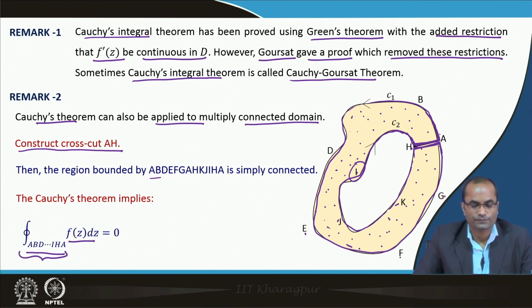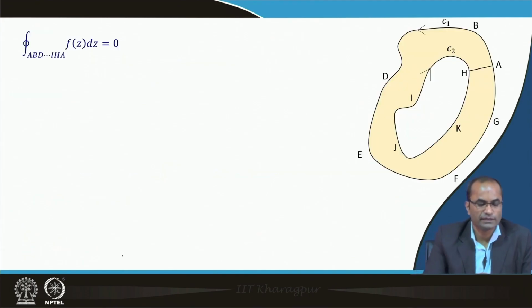So, this is the point here which is easy to get into this simply connected domain, and then we can apply the Cauchy theorem. So, this is the result of the Cauchy theorem. We will now expand it a bit.